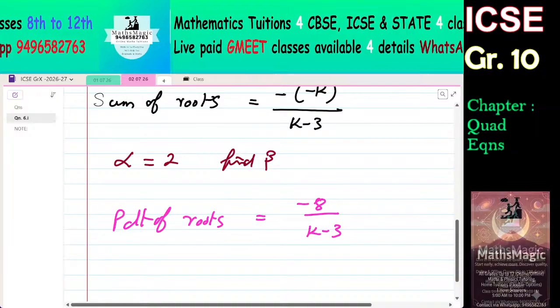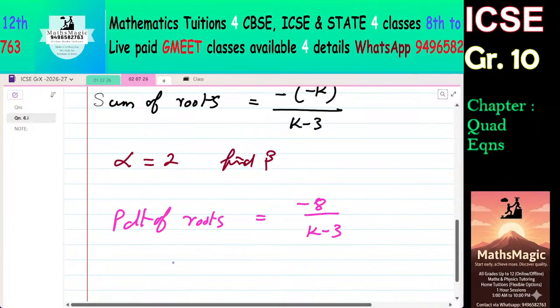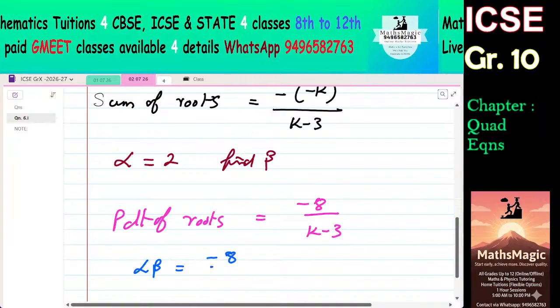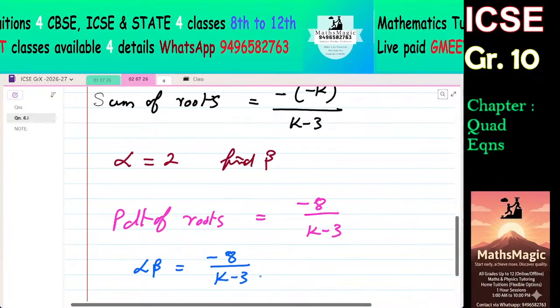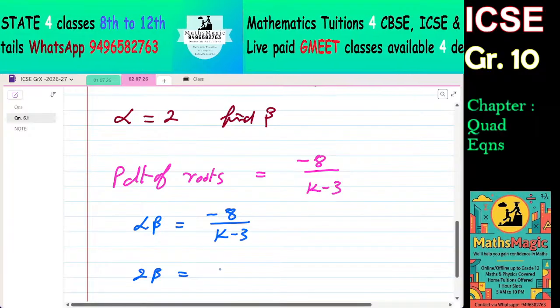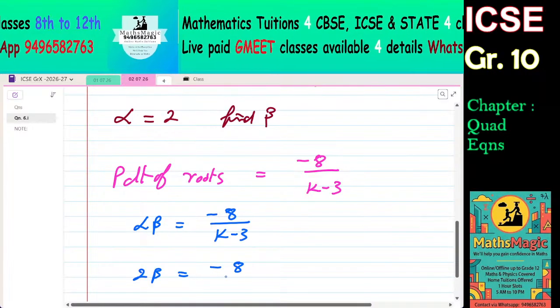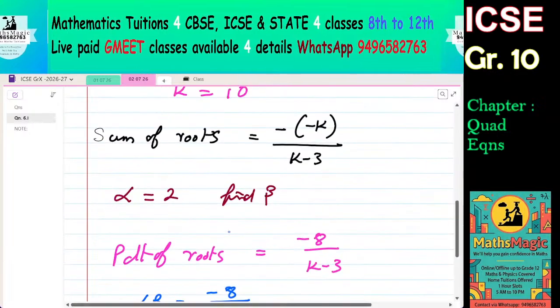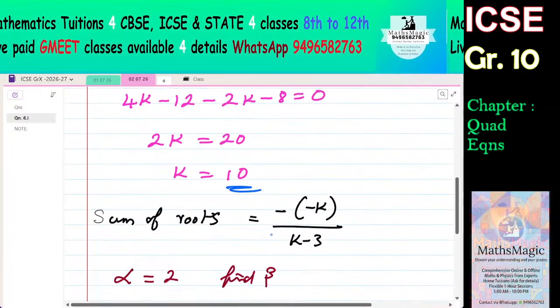Okay, many of you have completed. So this is alpha, beta is, yeah, this one, very good. So 2 beta equals minus 8 by k minus 3, and k is 10.